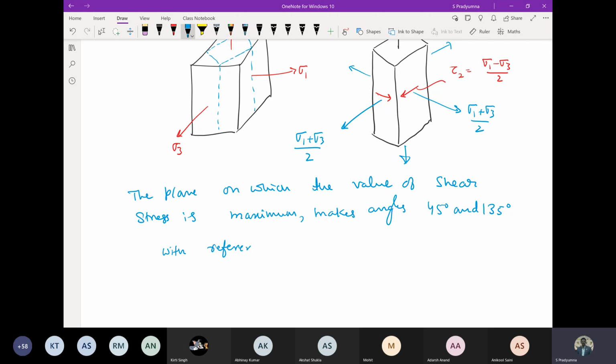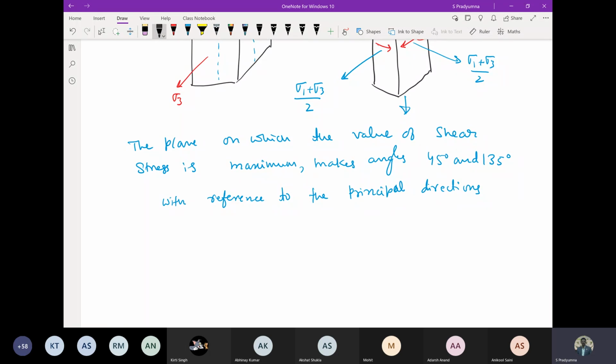With reference to the principal directions. We have not considered the XYZ coordinate system; we have considered the principal directions. This particular plane we call the principal shear plane.